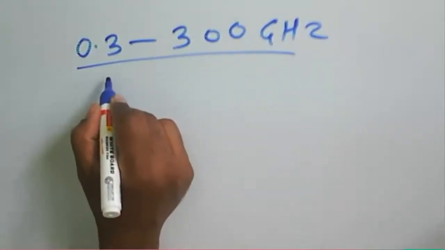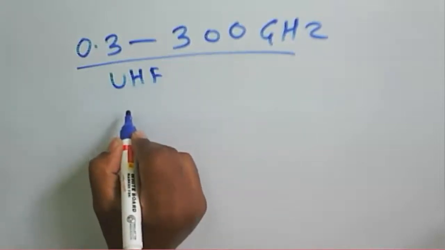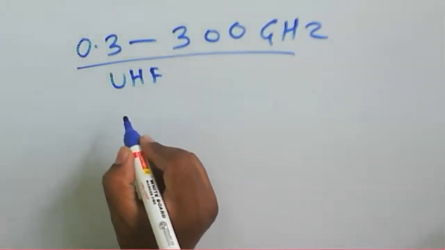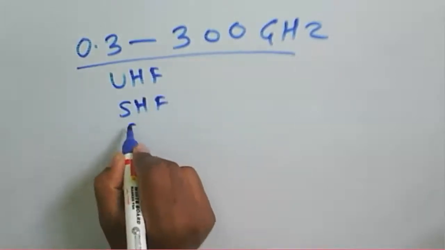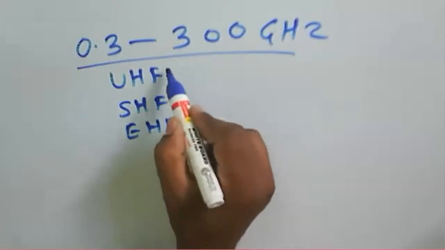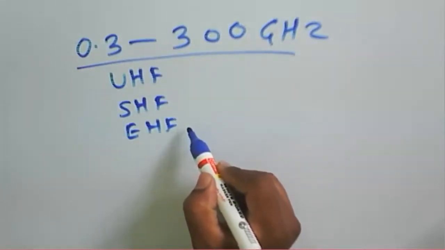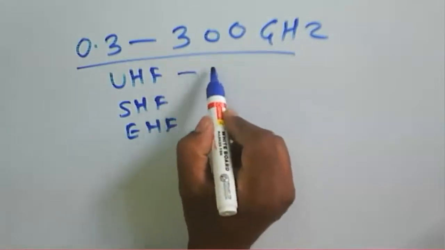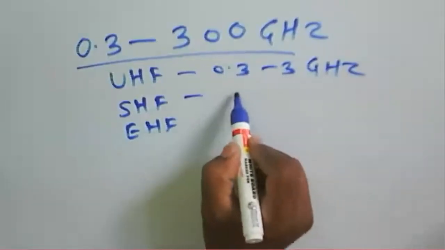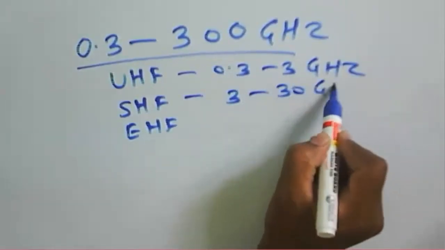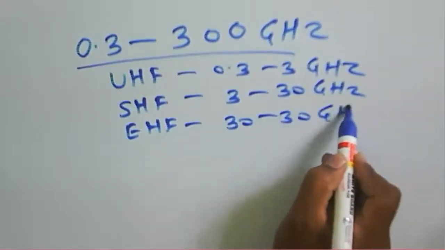It is divided into three bands: UHF, SHF and EHF, that is ultra high frequency, super high frequency, and extremely high frequency. These are 0.3 to 3 gigahertz, then 3 to 30 gigahertz, and then 30 to 300 gigahertz.